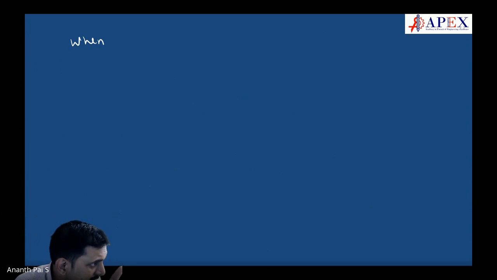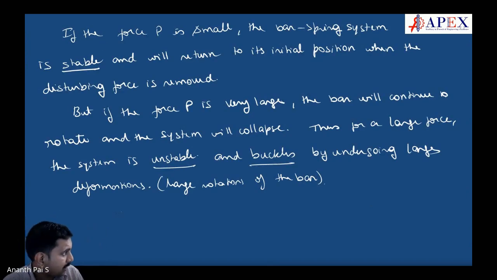Now, when the bar, this is an example. Don't take this as buckling. This is an example to understand how buckling works using a simple one. It is not the actual buckling. Buckling will start later, but we are understanding the mechanism of buckling.